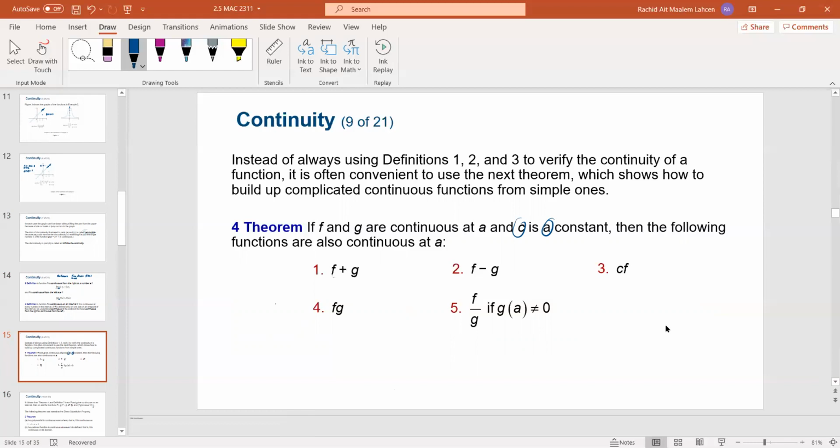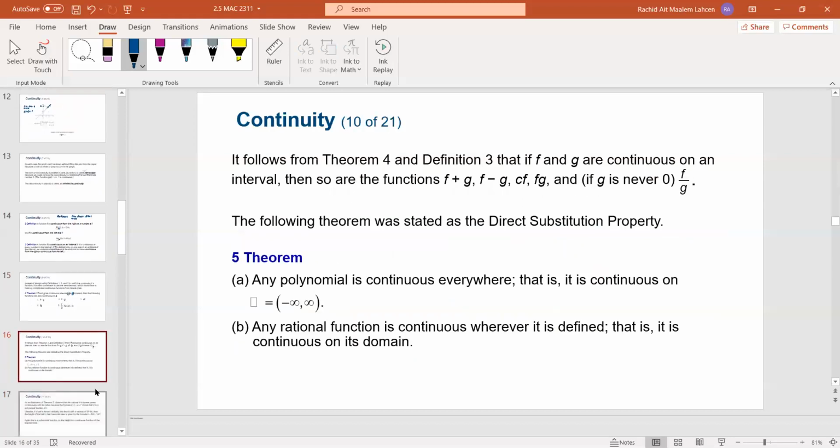So if f and g are continuous, then their sum, their difference, their product, their quotient, of course with g of a not equal to 0, or a constant multiple c times f are also continuous. So that's a helpful theorem there.